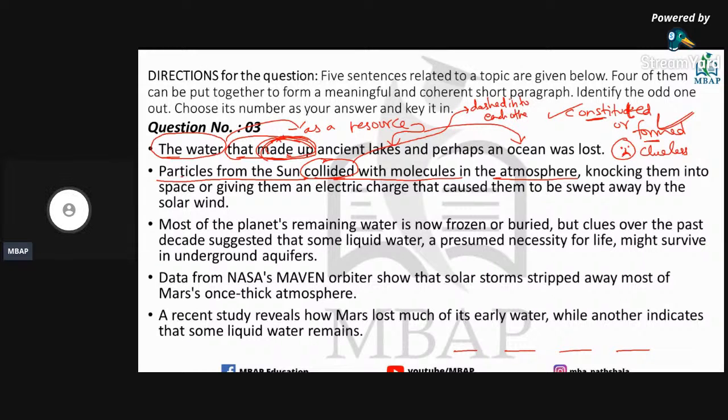So when accidents happen on the road, two cars collide. You say the two cars have bumped into each other or have dashed into each other. Both are the same. Particles from the sun collided with molecules in the atmosphere, knocking them into space or giving them an electric charge that caused them to be swept away by the solar wind.